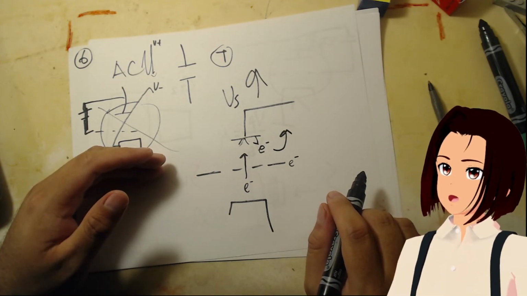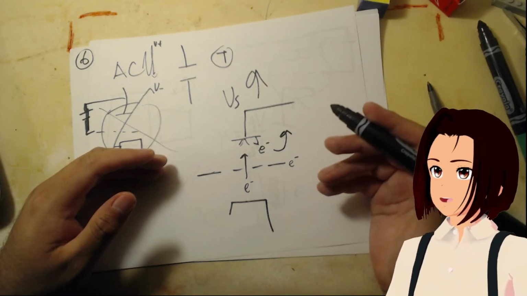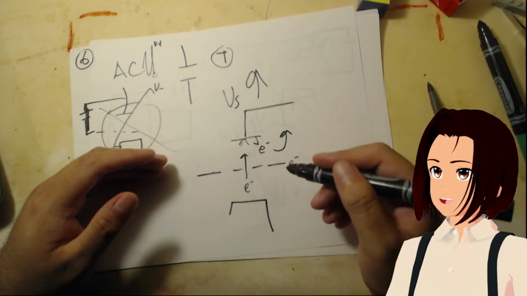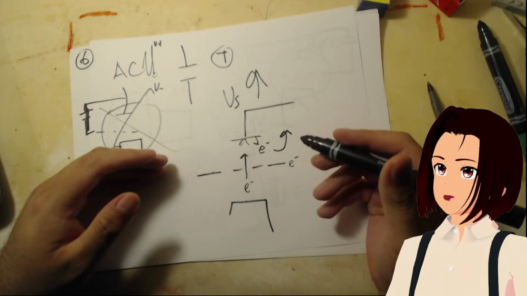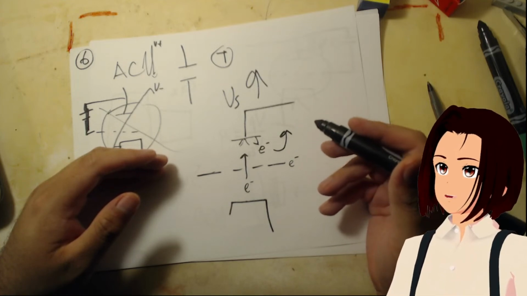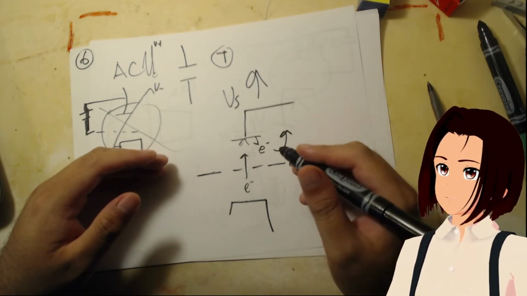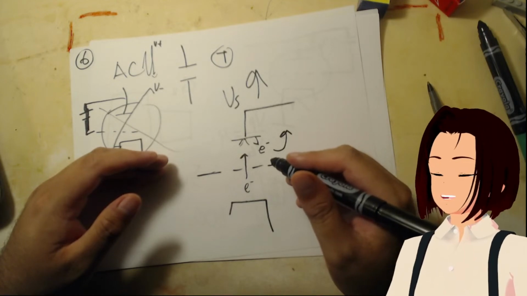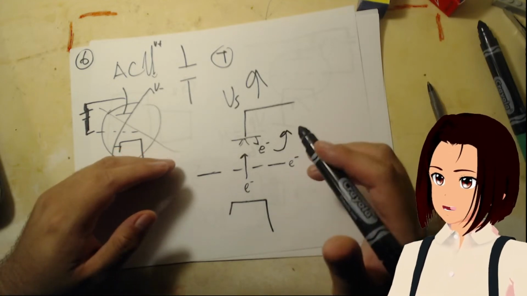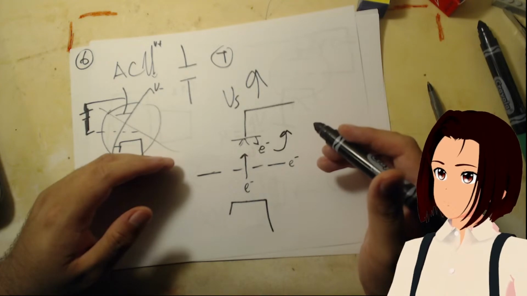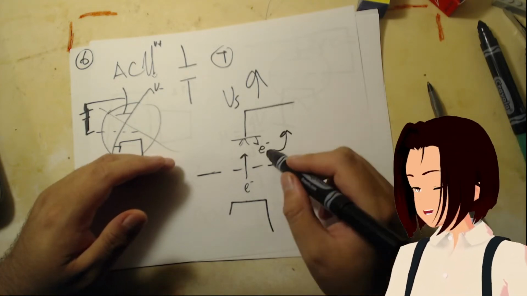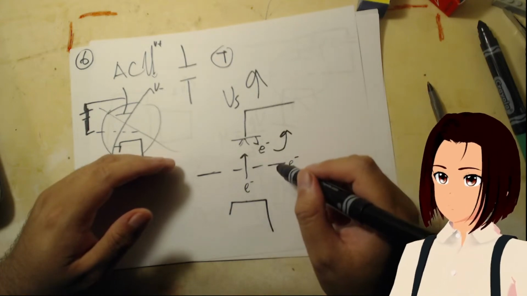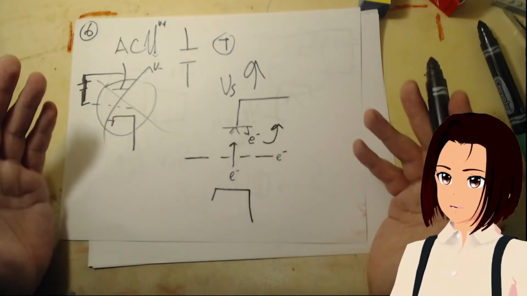If you have a high plate voltage, you encourage electrons to go from the cathode to the anode. So what happens if you make the voltage too high? Let's say you take that to the extreme. What happens?